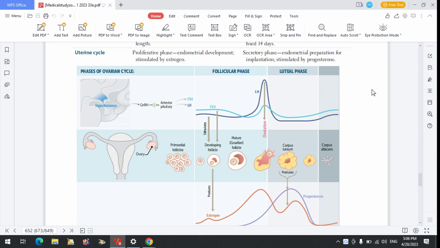The fixed phase is the luteal phase, and it is a fixed 14 days from the time of ovulation to the first day of menstruation. Do you get that so far?